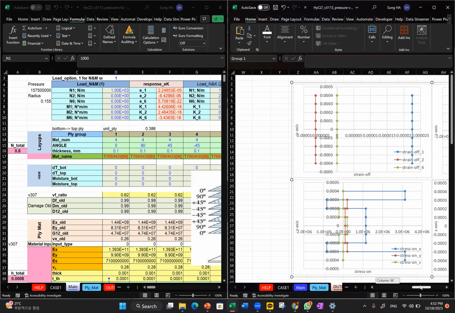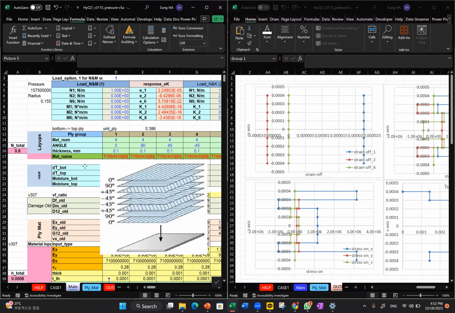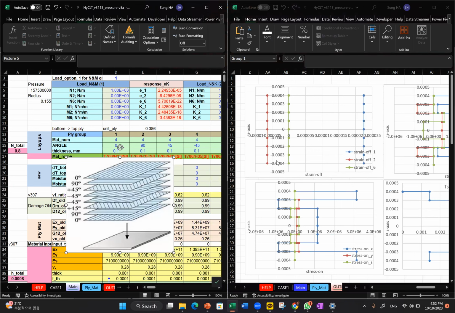Okay, this is the one we just had. Strain-wise, we have a quasi-isotropic laminate with very complicated angles, and this looks very complicated. But on the simple extension, the result looks very simple: in-plane strain epsilon 1 and epsilon 2, and 0 shear strain.